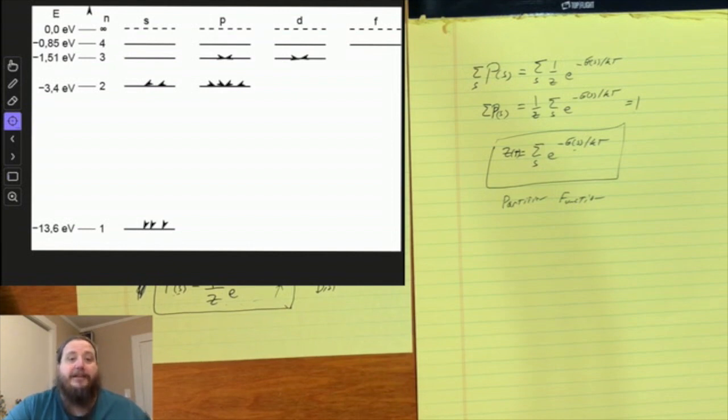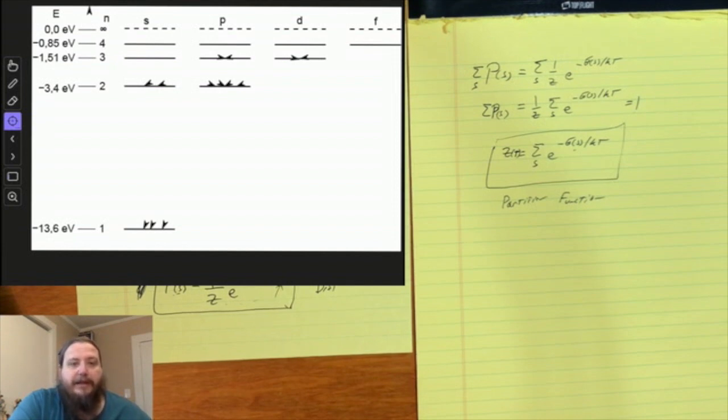So at the low temperature limit, you tend to have partition functions that basically have a value of 1. And as you increase the temperature, the partition function increases as well.